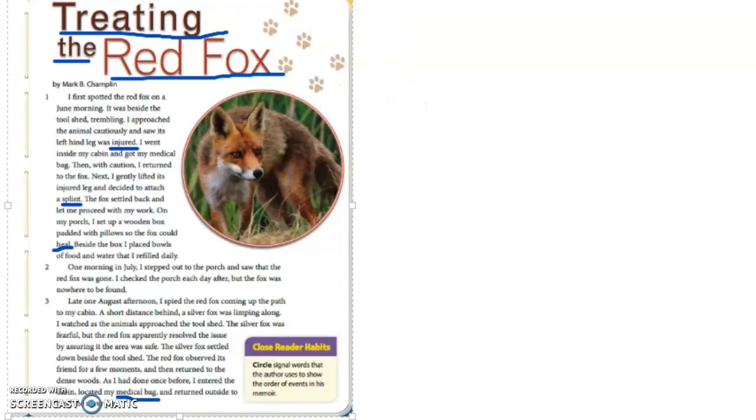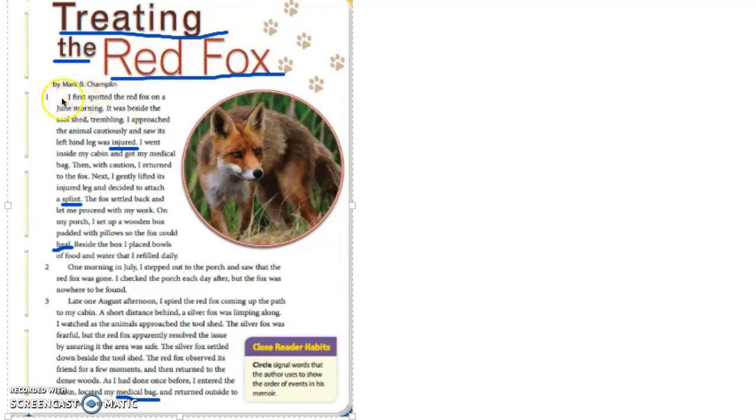You have 30 seconds remaining. Okay, here in our closed reading habits, it says circle the signal words that the author uses to show order of events or chronological order.